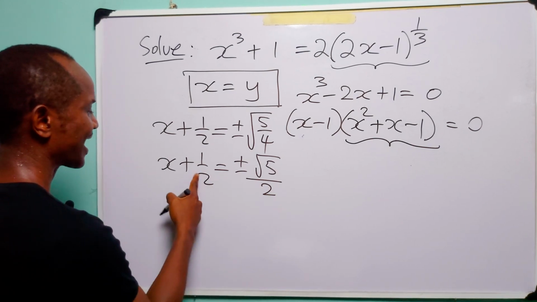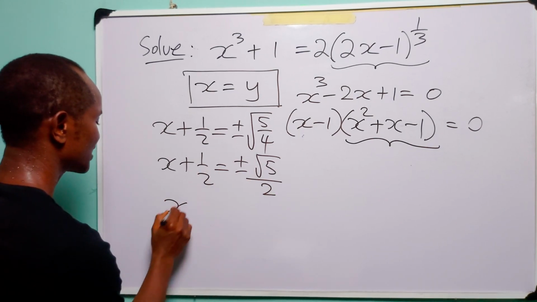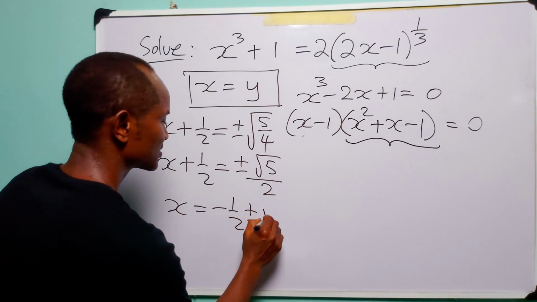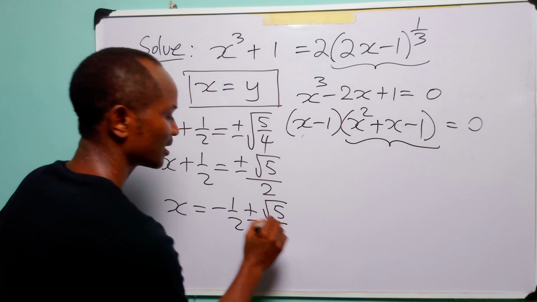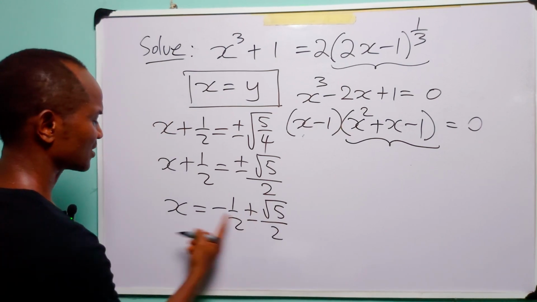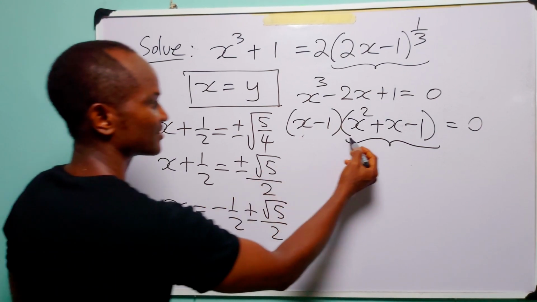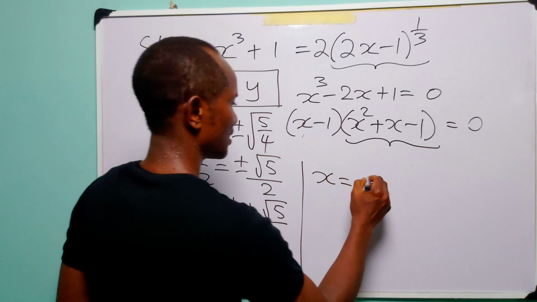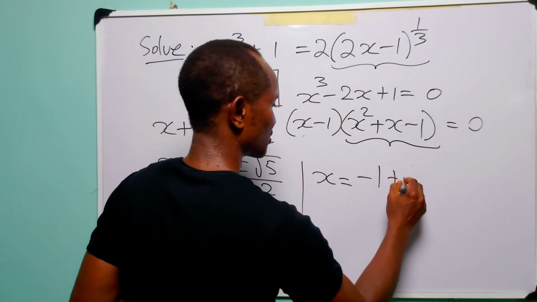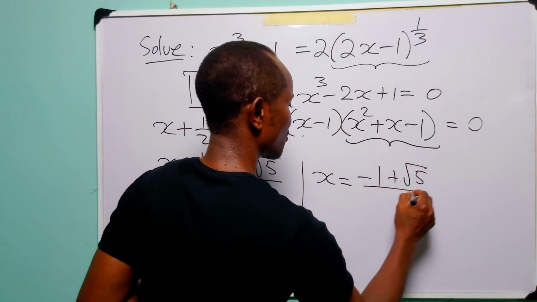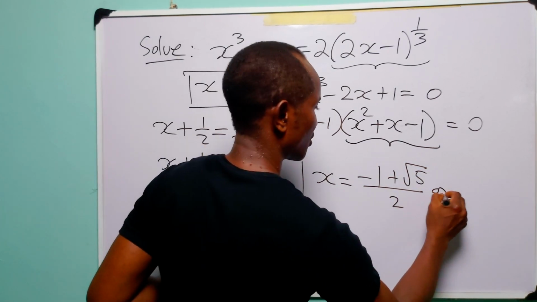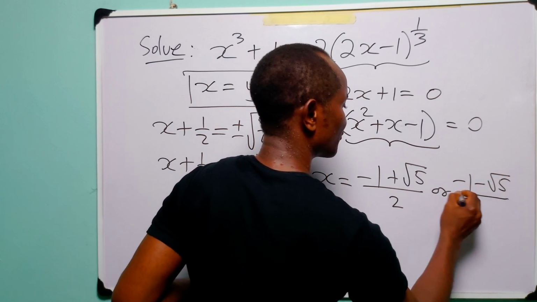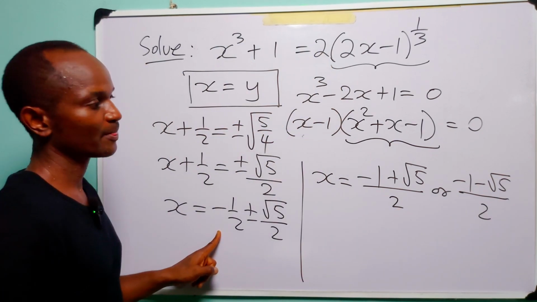Now, subtracting half from both sides of this equation, we have that x is equal to minus half plus or minus root 5 over 2. So that tells us that the two values of x that satisfy this equation are x equal to minus 1 plus root 5 over 2, or minus 1 minus root 5 over 2.